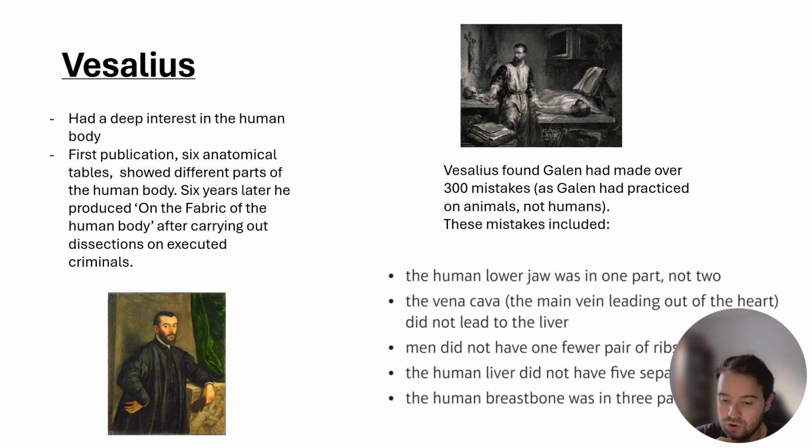So try and remember a few of these, and you'll be fine covering Vesalius, because that's the evidence that you'd need. Remember, you need to then explain why that shows better understanding, and this is breaking away from Galen, breaking away from the power of the church, but this is your evidence, guys, okay? So please be aware of it, make sure you note it down.